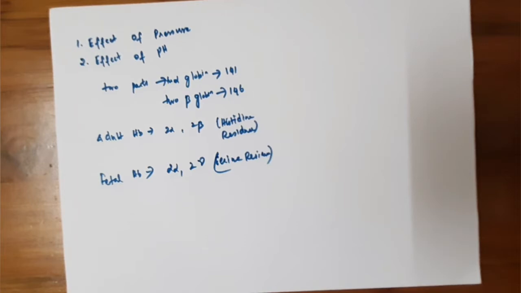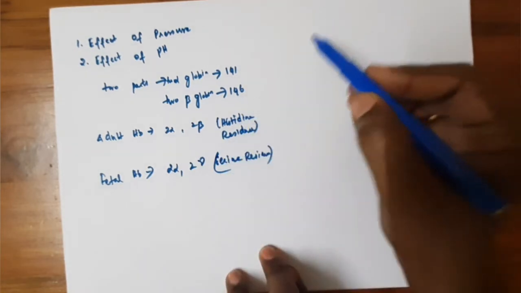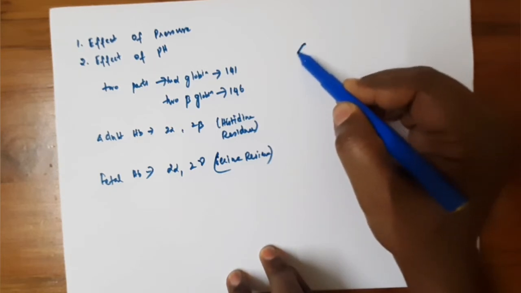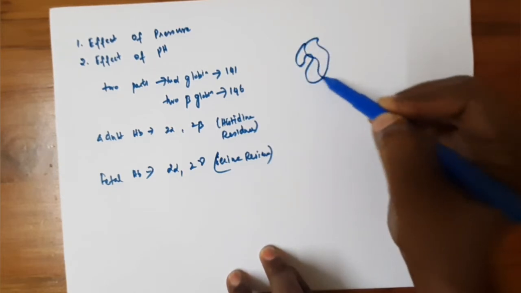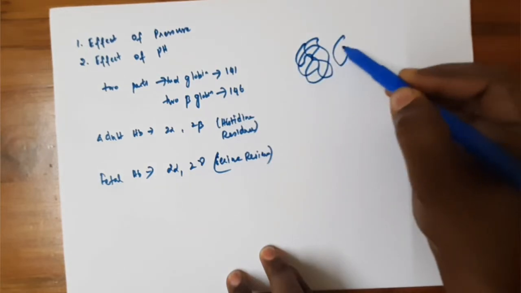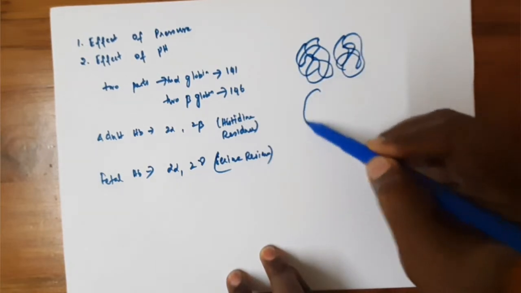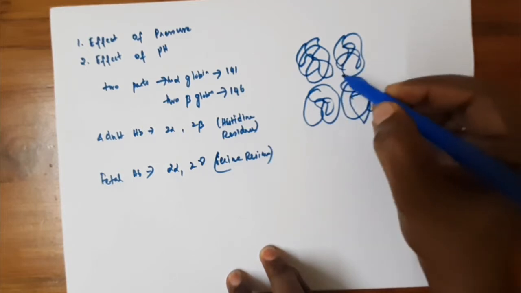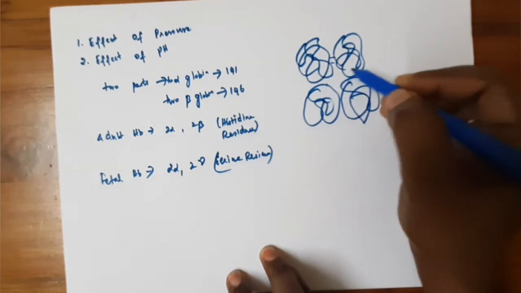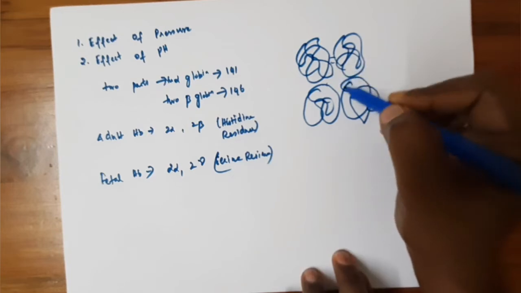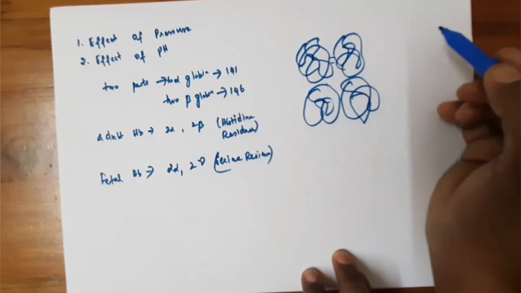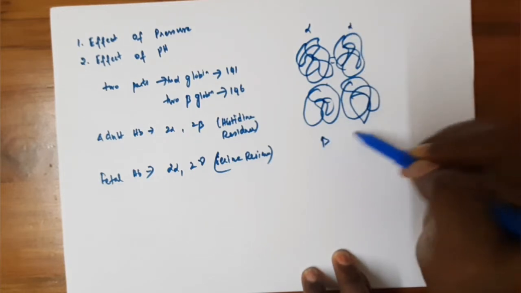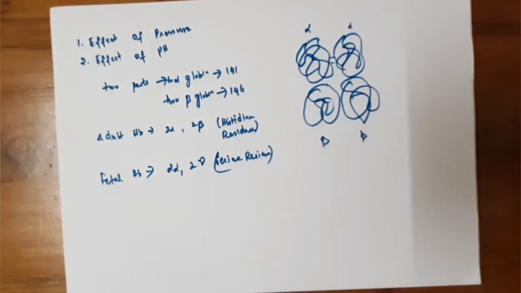As we know, hemoglobin has 4 subunits, and these 4 subunits have salt bridges between them and are linked together by polypeptide linkages. So these are the alpha and beta globin units.